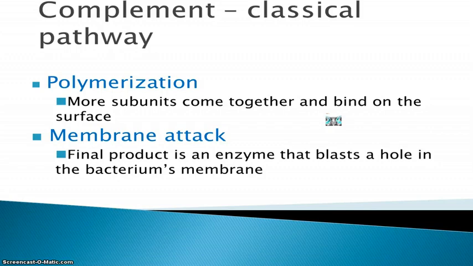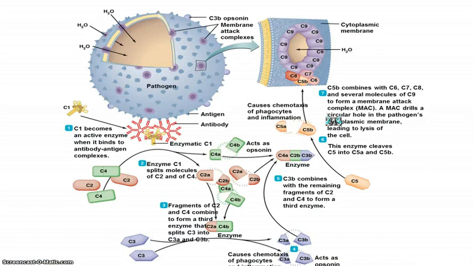The reason they bind in a donut type configuration is based on when they finally receive a signal, all of those proteins that are now bound to the bacterium insert themselves into the bacterial cell wall. That's called the membrane attack complex, which is going to essentially mean a great big crater-sized hole in the bacterial cell. And if you can blow a hole into your bacterial cell, you're going to do a good job of killing it.